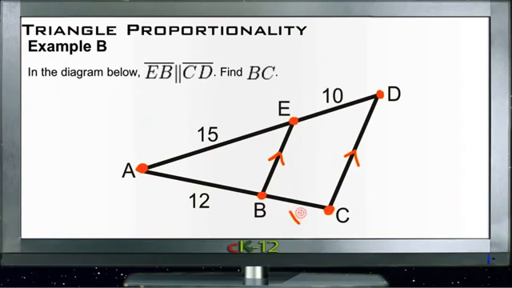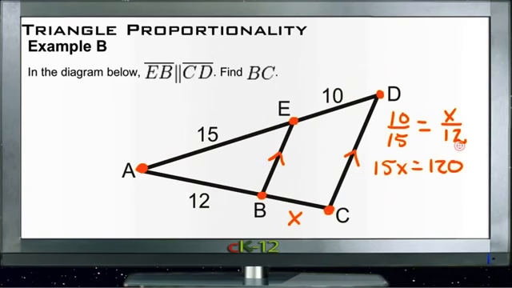So if we say that our missing segment here is X, then if we put the smaller segments on top in a proportional statement, we could say that 10 compares to 15 in the same way that X compares to 12. As X will be our shorter segment here on the bottom, right? So then we can cross multiply, and we'll get 15X equals 120.